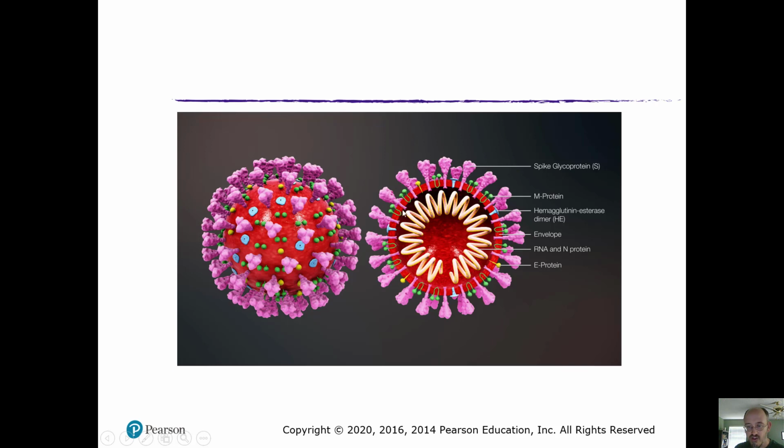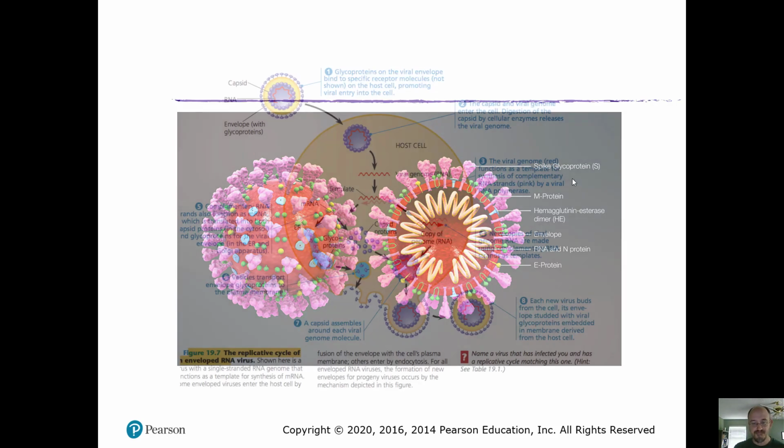There's the RNA. You should know that. It has a membranous envelope around the very outer surface here, and it has spikes of glycoproteins. We've talked about glycoproteins briefly. Those are proteins with sugars attached. That's what those spikes are that stick off of this thing. Okay, so that's your typical coronavirus.